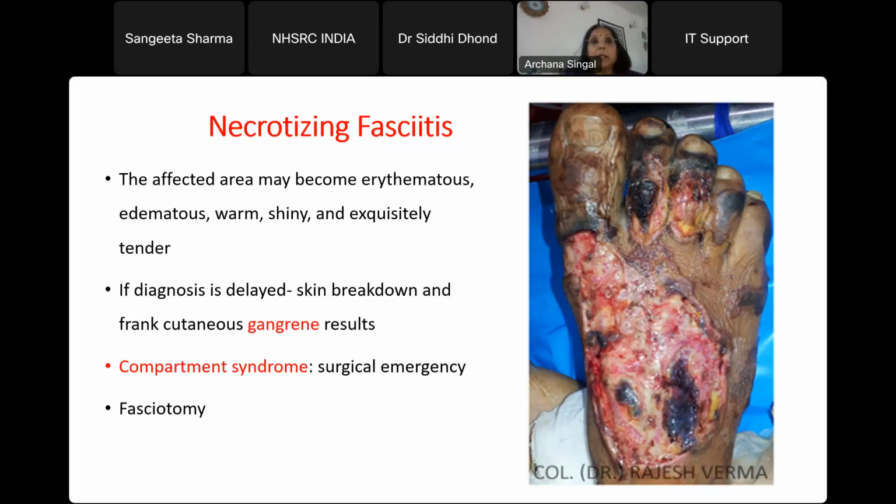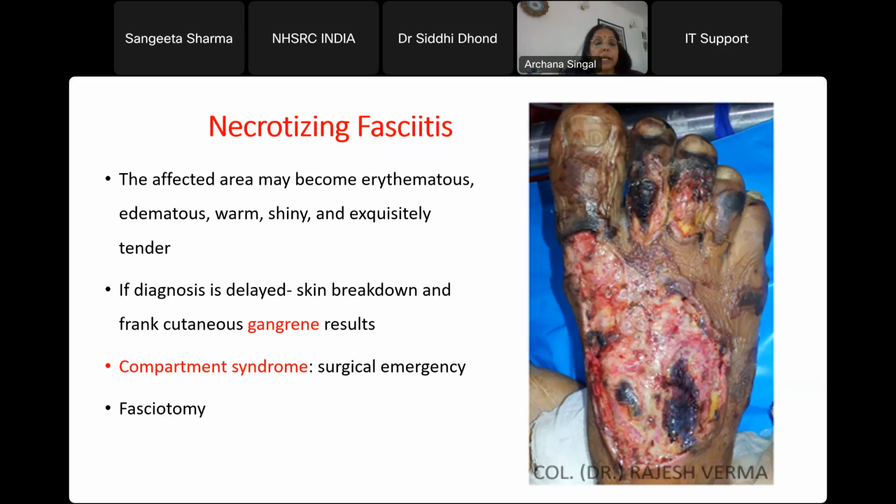If there is an area like the dorsum of the foot, not much subcutaneous fat is there. So there is epidermis, dermis, and subcutaneous tissue, and right there are muscles and tendons. So you can see them sometimes, and this has to be debrided as soon as possible. It's a surgical emergency, and IV antibiotics have to be given.